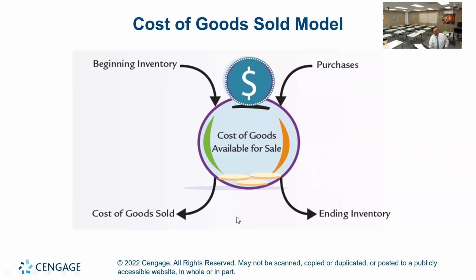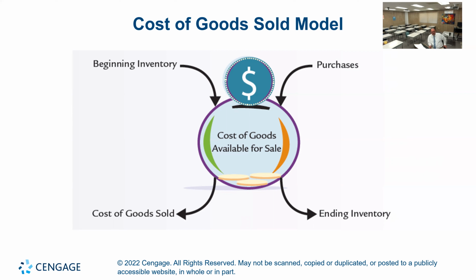Okay, so no matter what type of system we decide to use or what type of costing method we decide to use, this cost of goods sold model is something that you need to know. You can write it out in a mathematical form, and when we get to the question, you'll see it. It is your beginning inventory plus purchases.